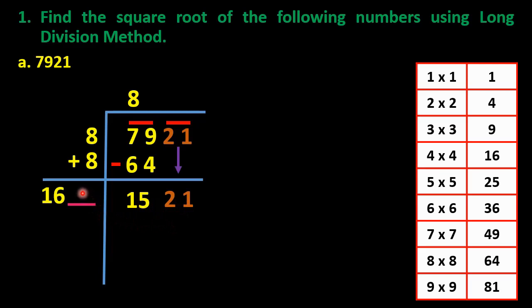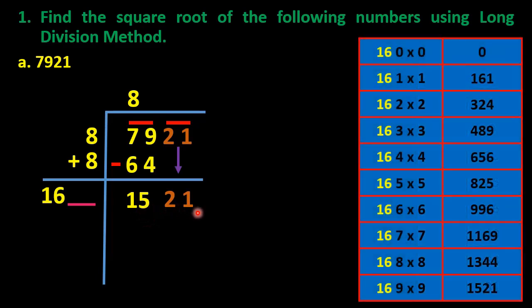If you replace this space by 1, then 161 into 1 is 161, much smaller than 1521. If you replace it by 2, then 162 into 2 is 324, again much smaller than 1521.